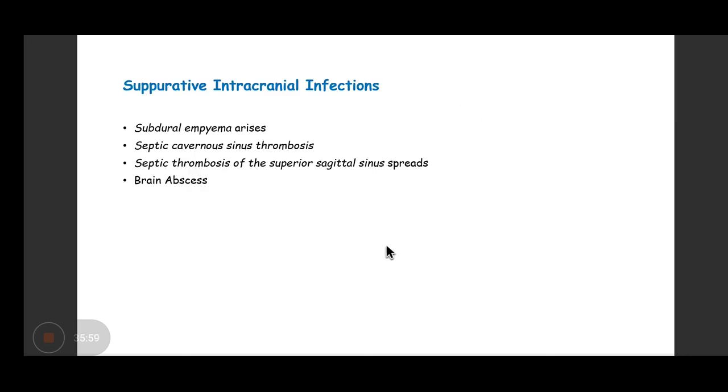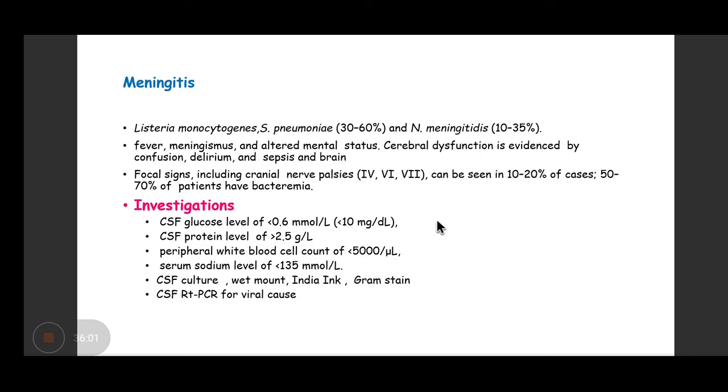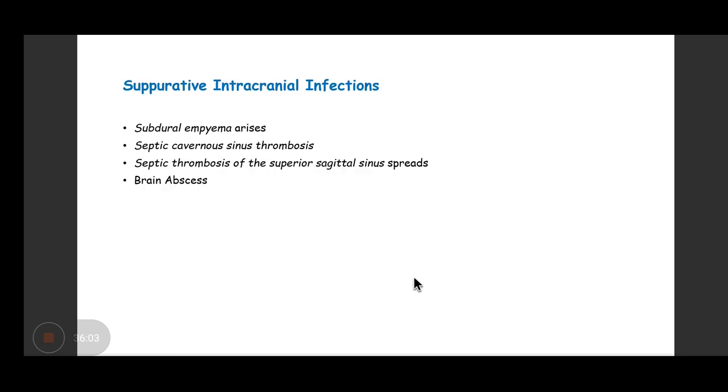Other intracranial infections other than meningitis can be subdural empyema, septic cavernous sinus thrombosis, septic thrombosis of the superior sagittal sinus, or brain abscess. In all these infections, you will look for focal neurological signs in physical examination, and in investigation you will go for radiological investigations. And if you have a choice, you can collect a sample from the brain abscess.